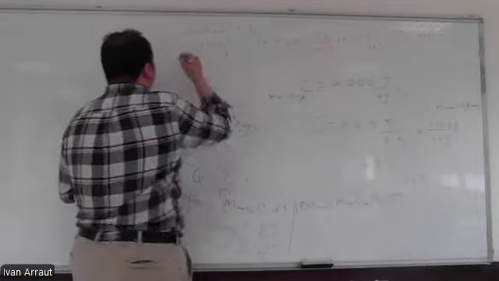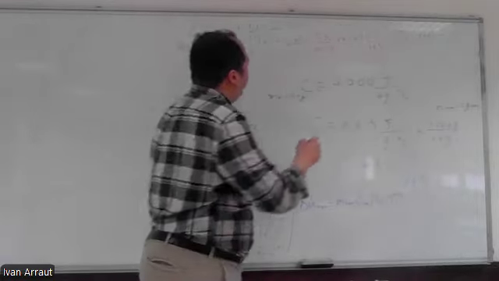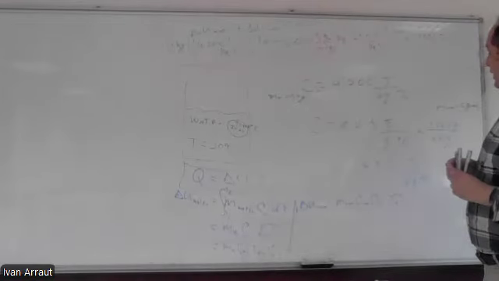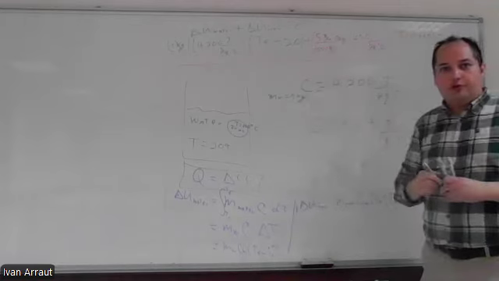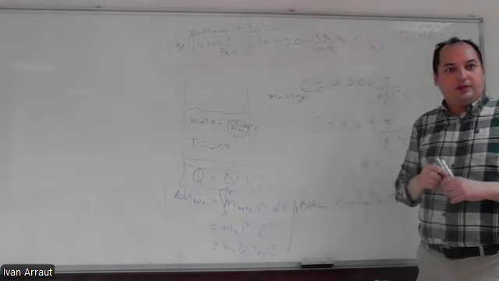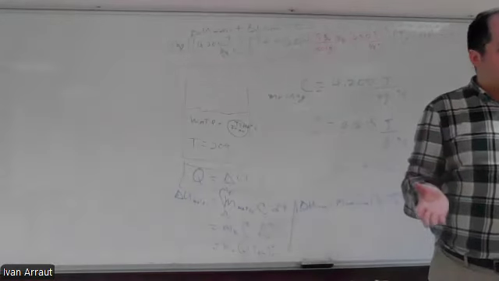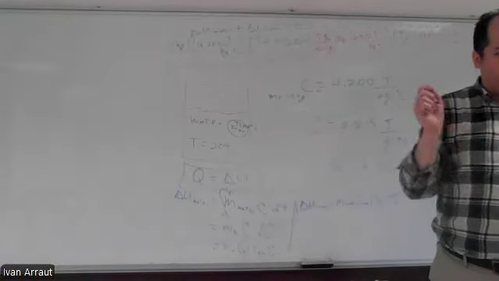Then if you see the units, kilograms and kilograms cancel here, and the final temperature you will find in degrees Celsius. Then, of course, you will solve this yourself. I mean, copy these equations.